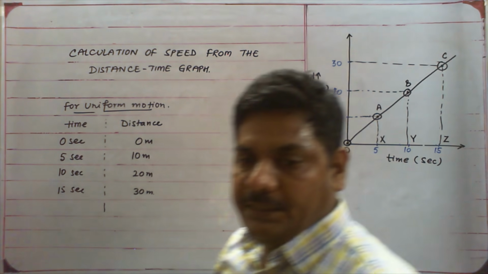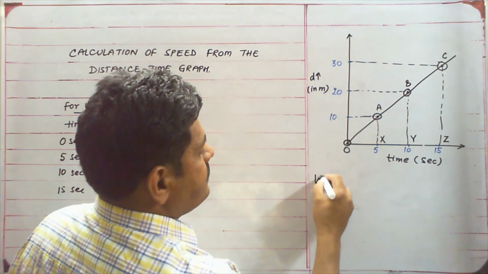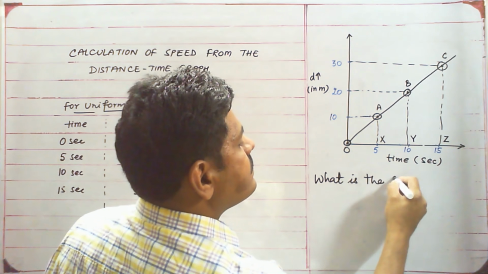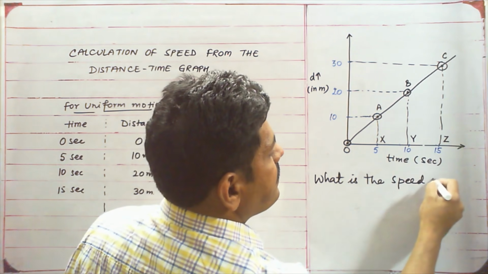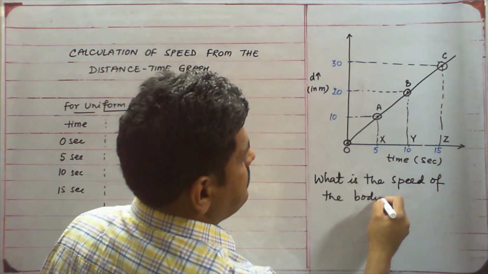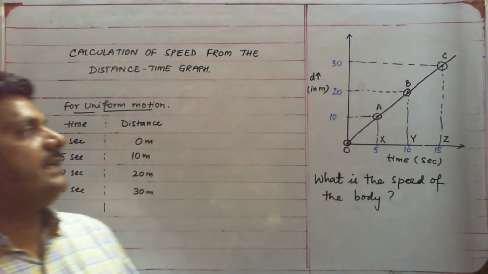So if the question is, what is the speed of the body? This is the question asked, and this is the graph.